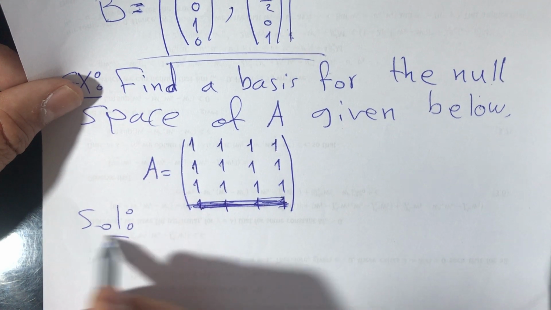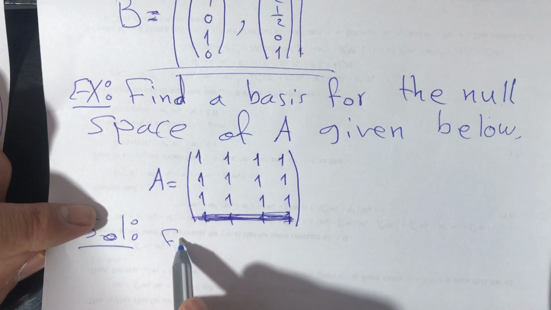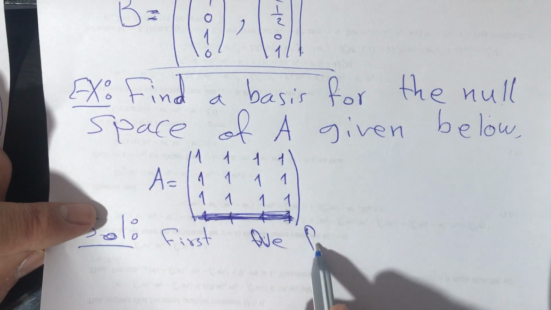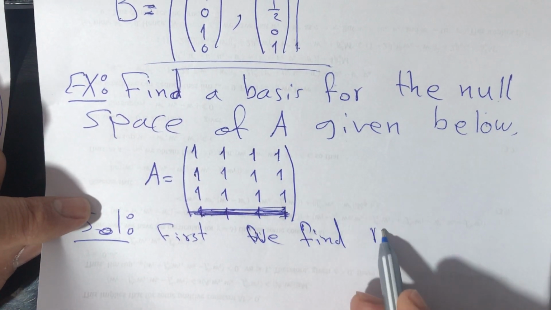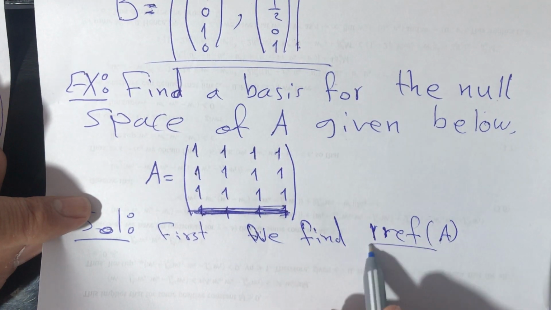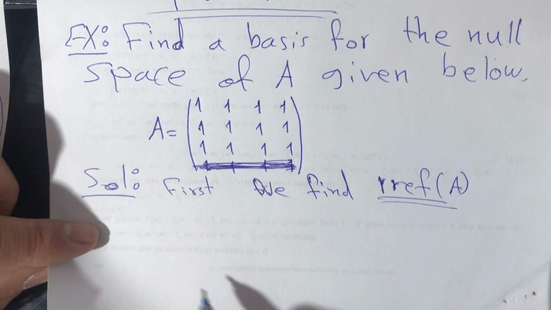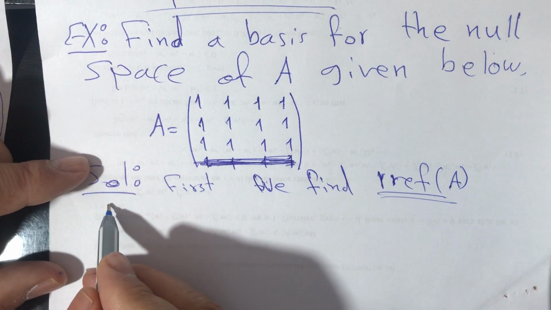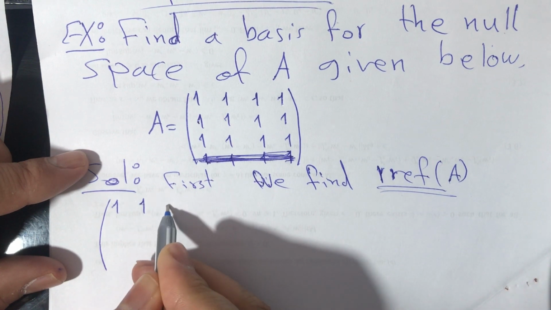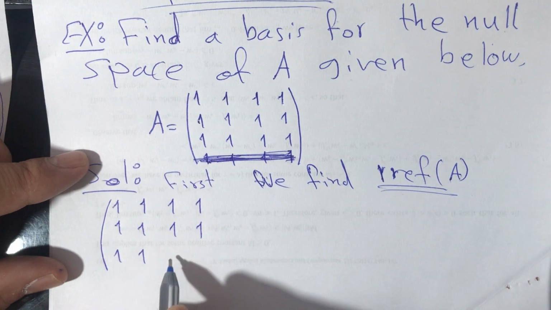Solution. First, we find R if A. You know what R if A? This is 1 1 1 1, and here 1 1 1 1, and here 1 1 1 1.